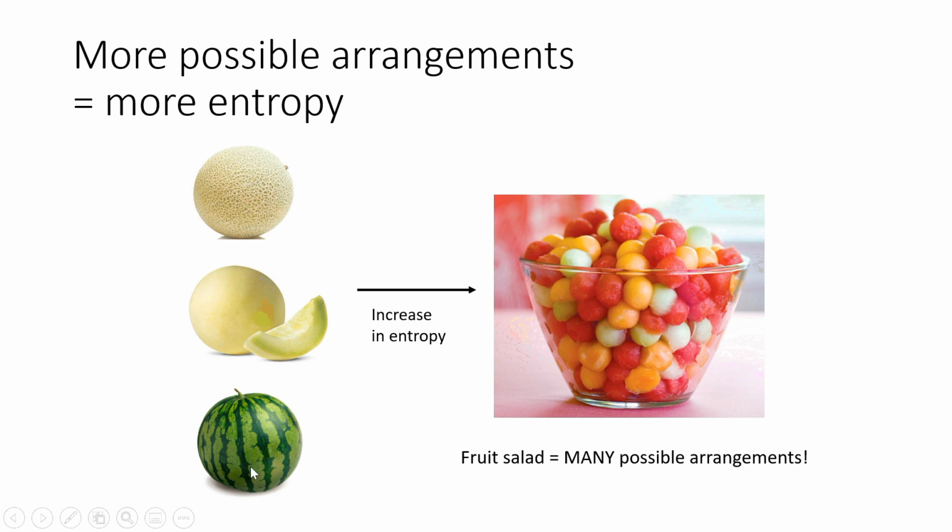But if I make melon balls, if I chop them into pieces and mix them together in a bowl, over here on my product side, I have way more possible arrangements that these melons can take. This would represent an increase in entropy because there's more possible arrangements that the melon can have on my product side. And that's what we're going to focus on: looking at chemical reactions or even physical processes and asking ourselves, did entropy increase or decrease in that process?